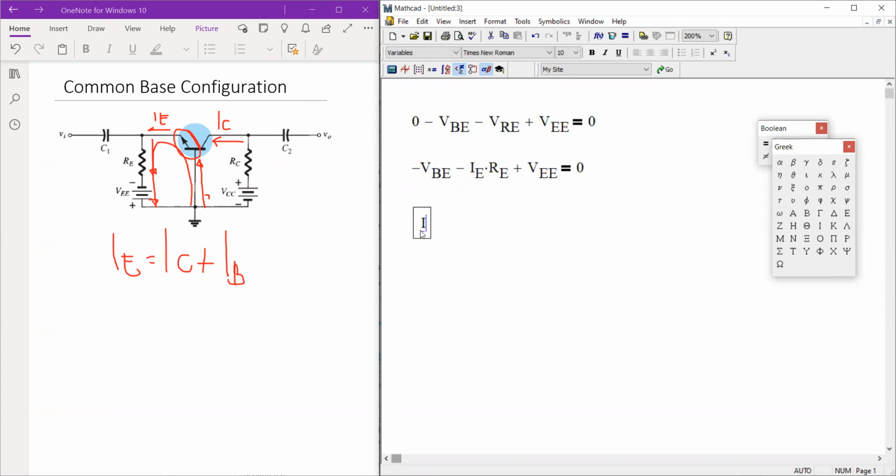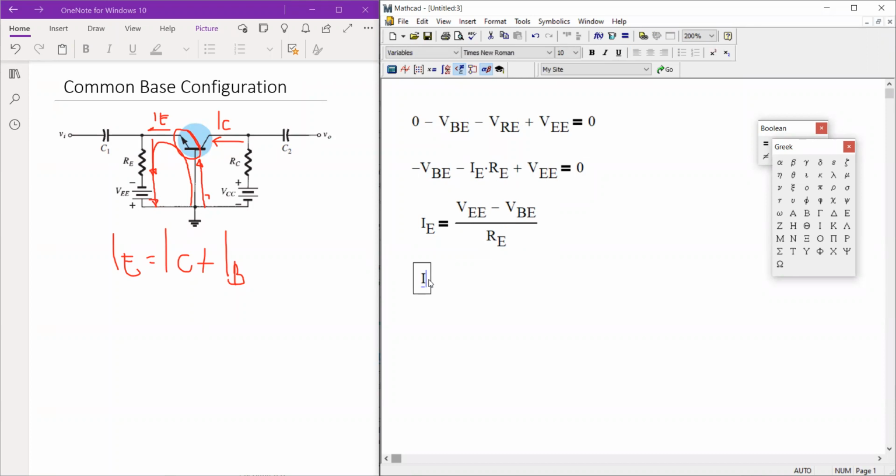So meaning you can actually solve for IE, which is equivalent to VEE minus VBE divided by R sub E. Once you're able to solve for IE, you can solve also the other circuit currents.